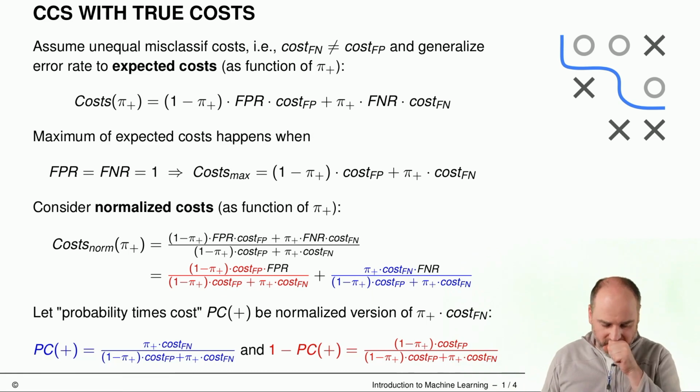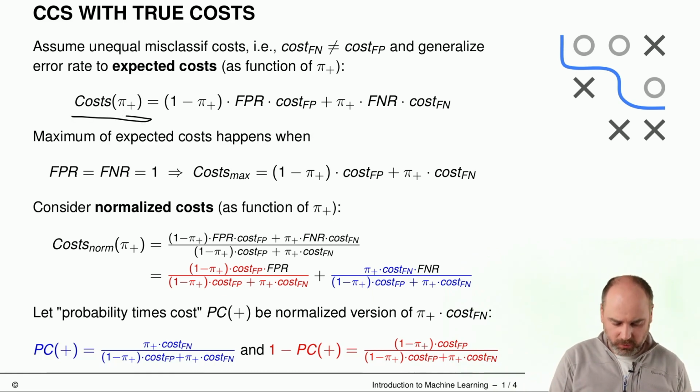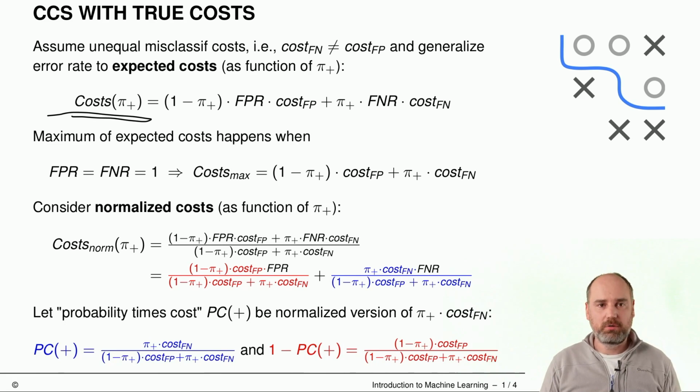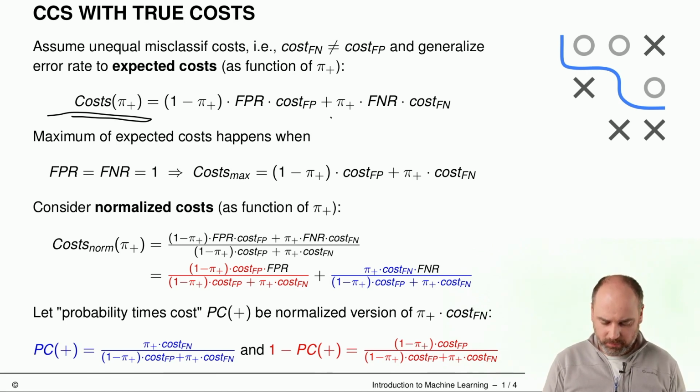What we can now do is, as before, develop a little formula for our expected costs based on this pi plus setting of the prior probability for the positive class. When we did this for the misclassification error, we had pi plus times the false negative rate, and 1 minus pi plus times the false positive rate. Now these two cases we simply have to multiply with their associated costs.